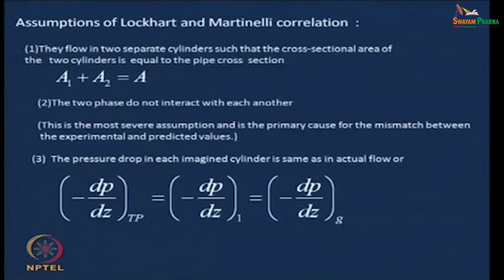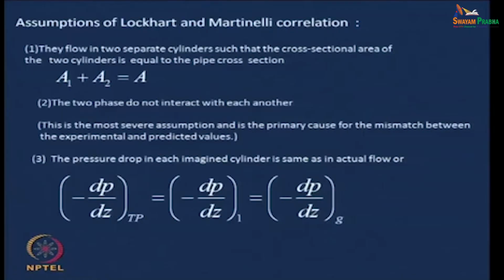This was the most severe assumption, and I will show you the anomaly in the results which we get because of it. Before we go into deriving the analytical expression and discussing the graphical correlation between phi L square and phi G square, I would like to show you how severe this assumption is.